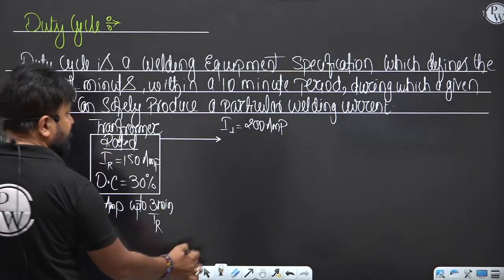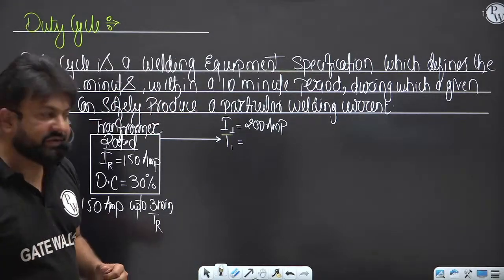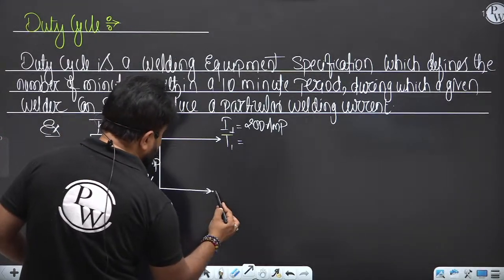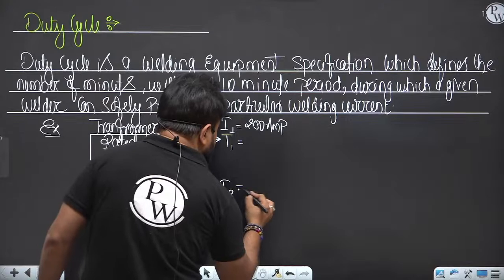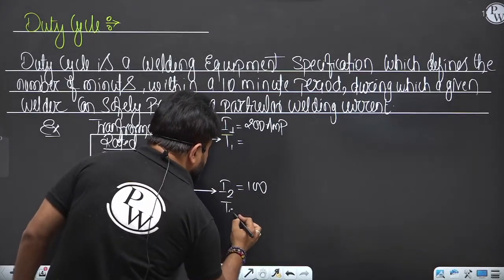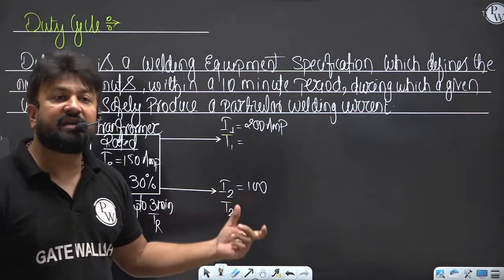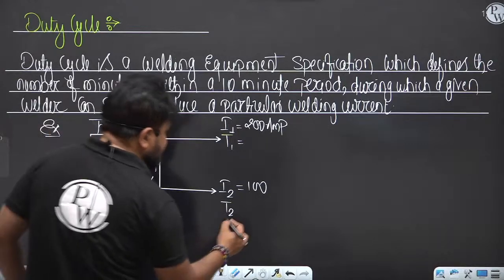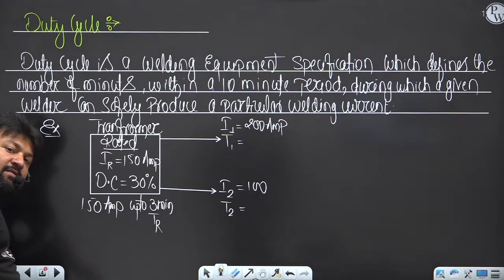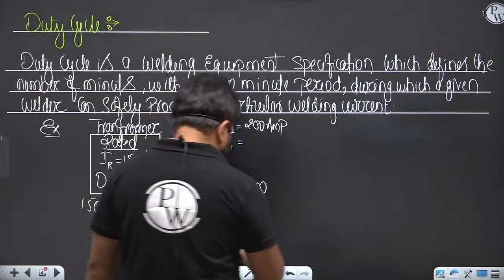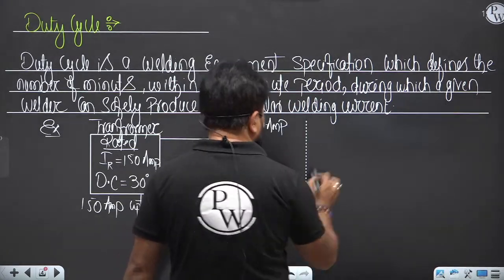Suppose instead we draw a current I2 less than 150 ampere, let's say 100 ampere. Then for what time period can a welder weld safely, say T2? We have to find that T2. My dear, how can we find this? The thing is very simple. For that you have to apply this.